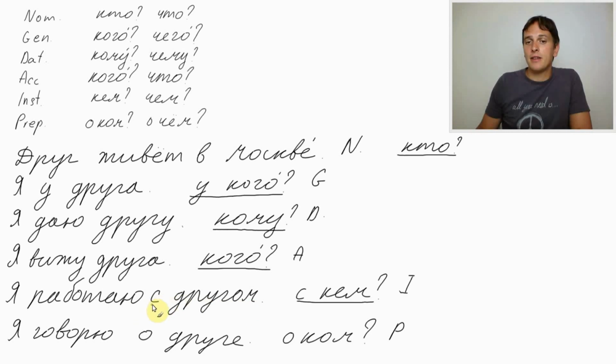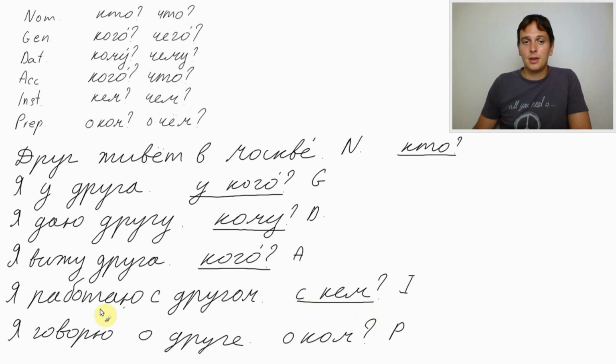С, with. С другом, with friend. С кем? With whom? Instrumental. Try to ask the question, with whom am I working? С кем я работаю? With whom am I working? Try to write it. Basically, write the question also.